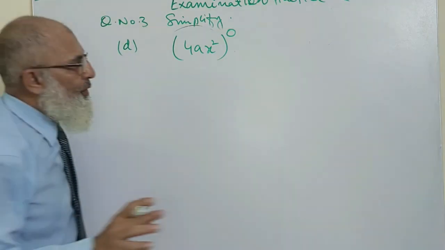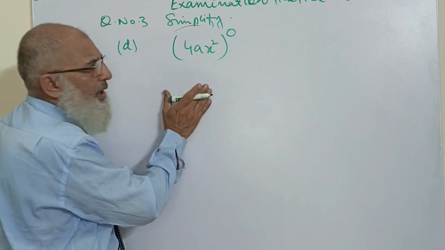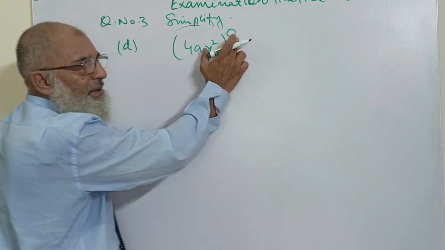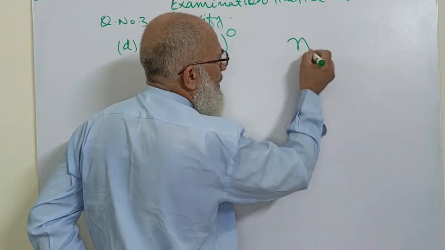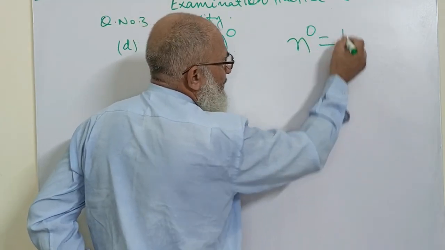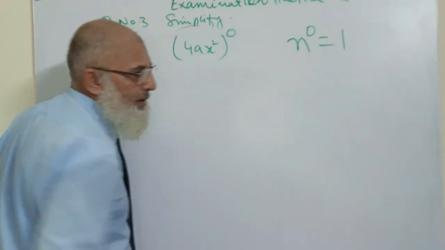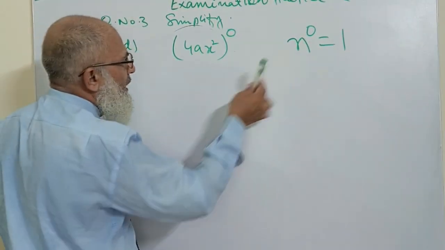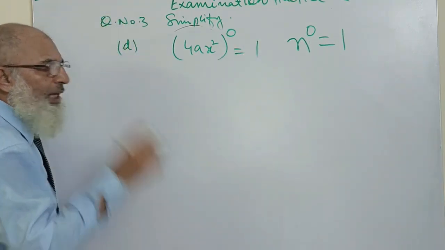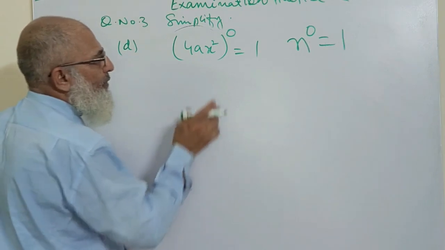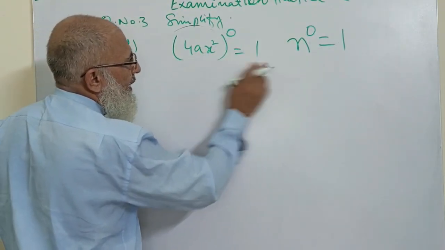And I told you that whatsoever is written, if it is raised to power 0, or raised to index 0, I have told you many times, it will be 1. No matter how large it is, it is simply 1. You don't have to waste your time solving this, you can just write 1.